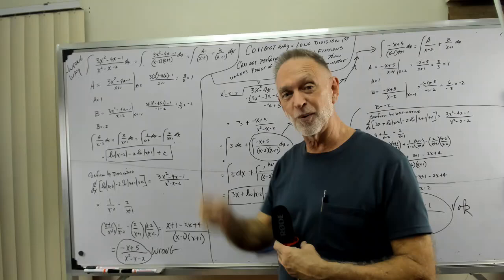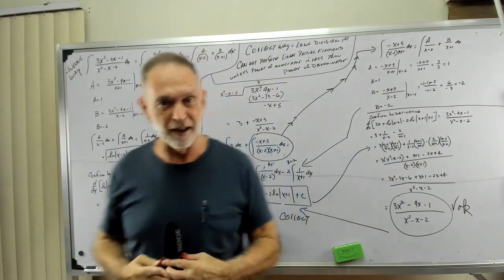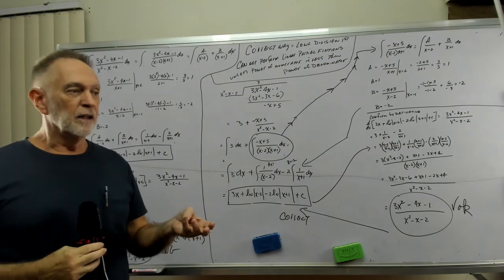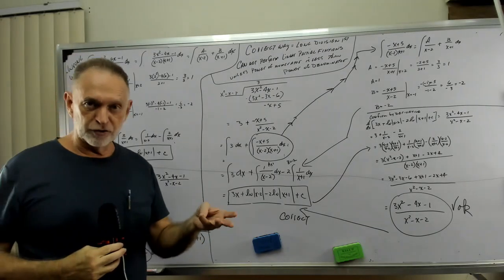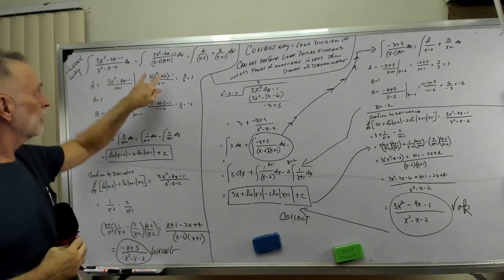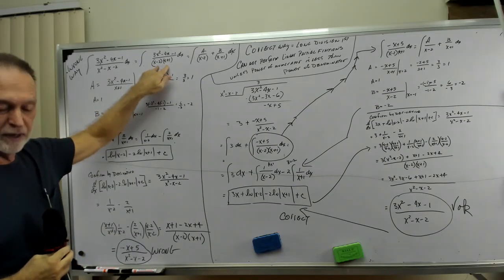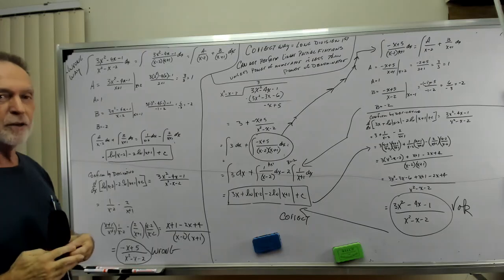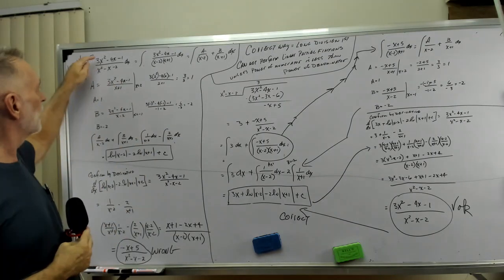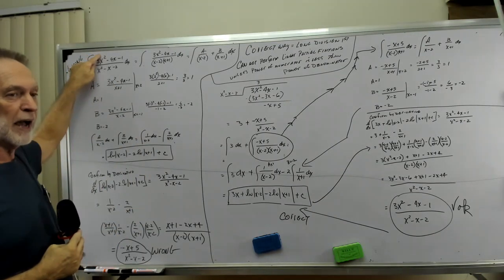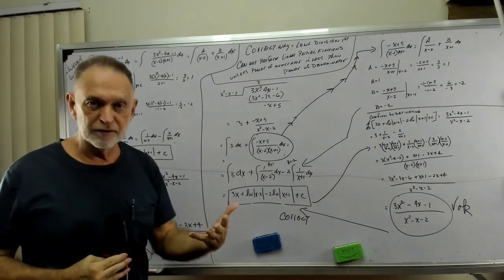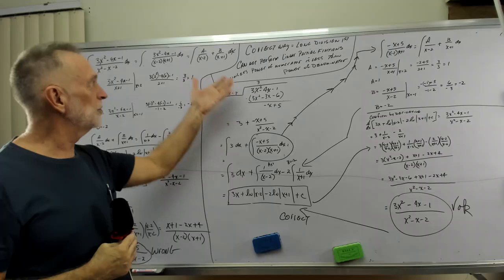There's a rule we forgot to implement. When you're looking at linear non-repeated factors, which is what I have here, I need to make certain that the numerator's power is less than the denominator. In general, it's the smart thing to do anyway.